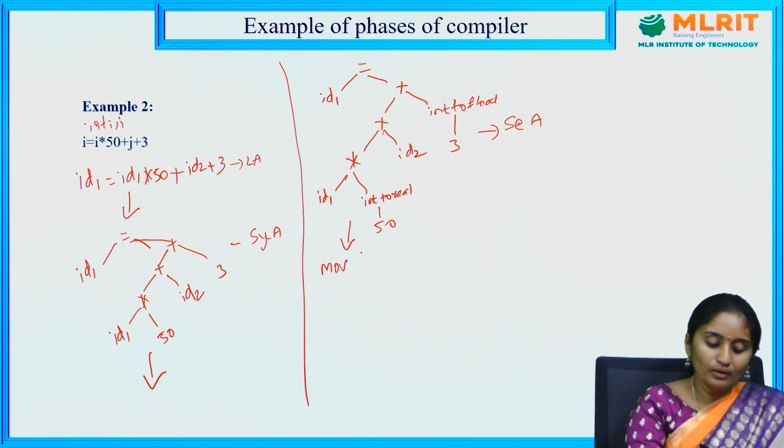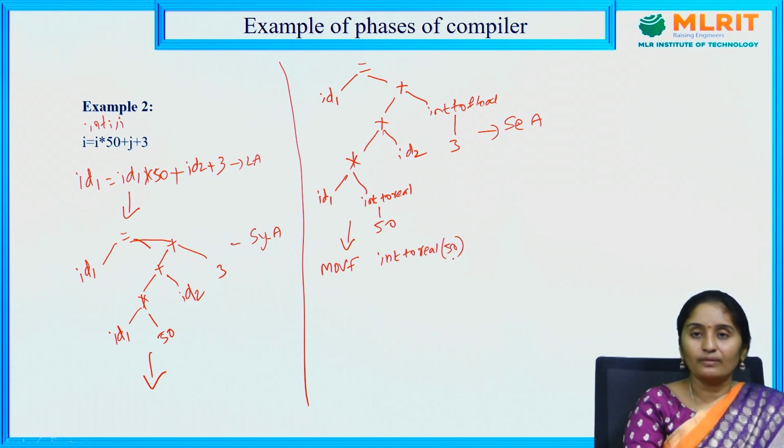So move, what I am having is a float value, 50, move into to real 50.